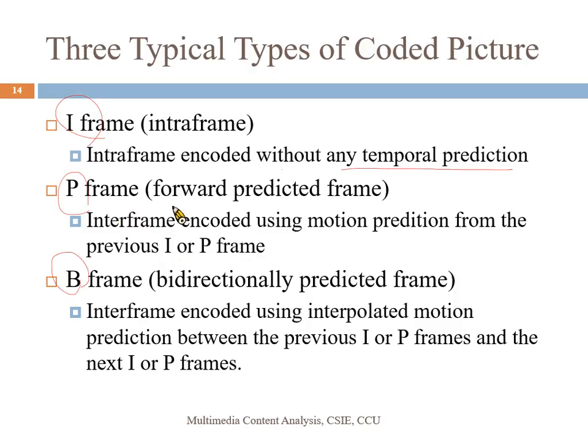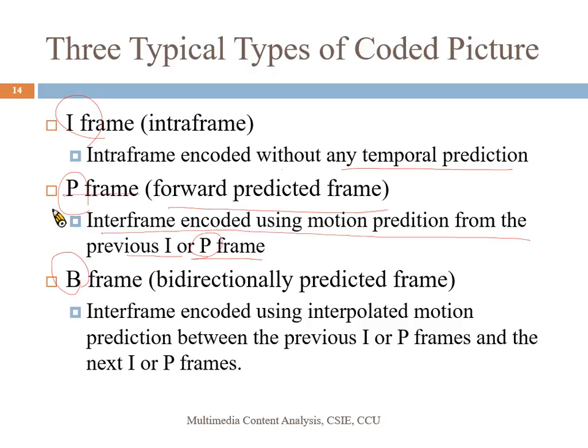P frame is the so-called forward predicted frame. It's a kind of interframe, encoded using motion prediction from the previous I frame or previous P frame. So using the predicted motion information, we can largely reduce the resources we have to allocate to store this frame.